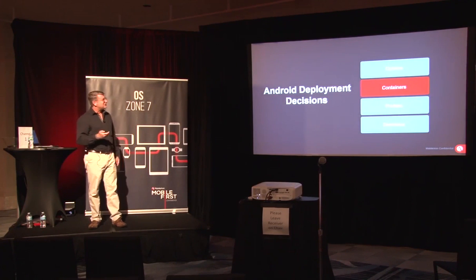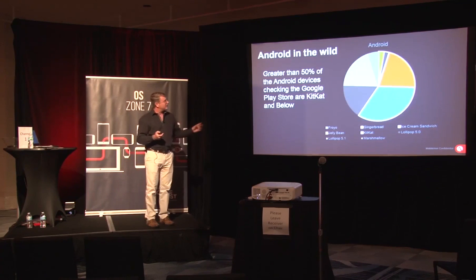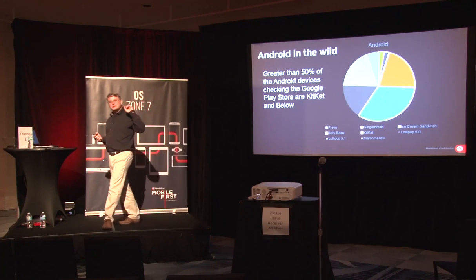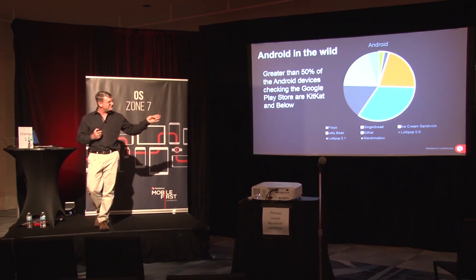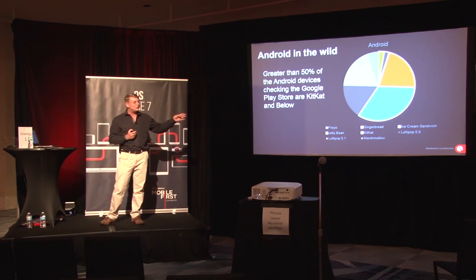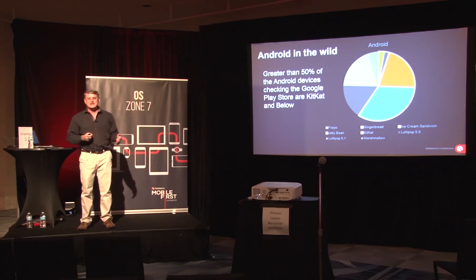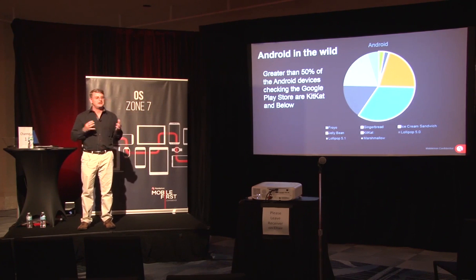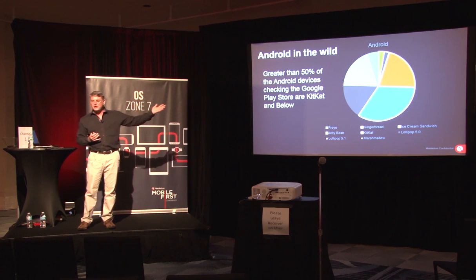All right. So now into containers. There is a difference between containers and profiles. The reason I bring up containers, I'm showing that exact same pie chart that I showed earlier. This is the data I grabbed off of Google that came out on the 10th of this month. Every 10th of every month they say, what is the percentage of devices hitting Google Play? You can see in the colored section, these are all the devices.